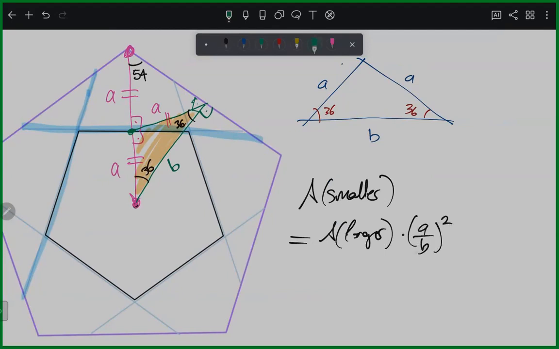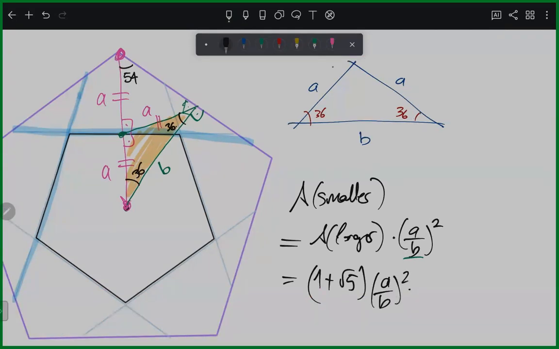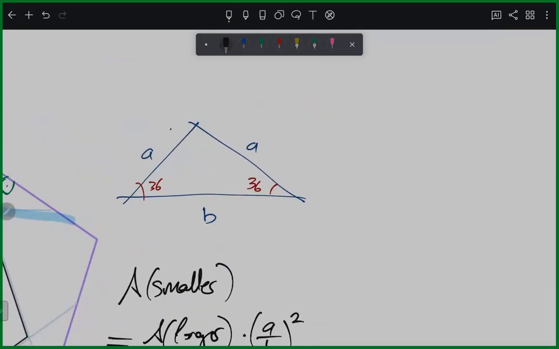Because this is the similarity ratio of the heights, or of the sides, so the ratio of the areas is just the square of this quantity. We already know the area of the larger is 1 plus root 5. Then we multiply by A over B squared, and we are done. So what is A over B squared? Let's find it from here.